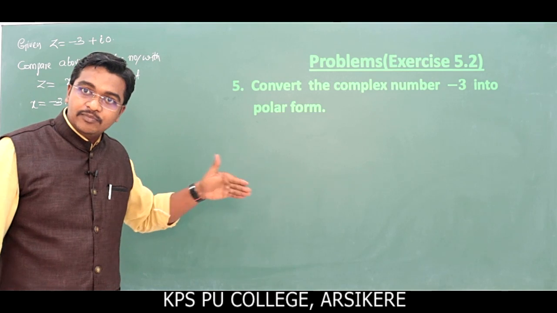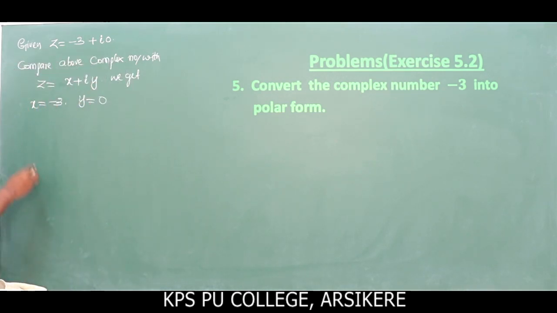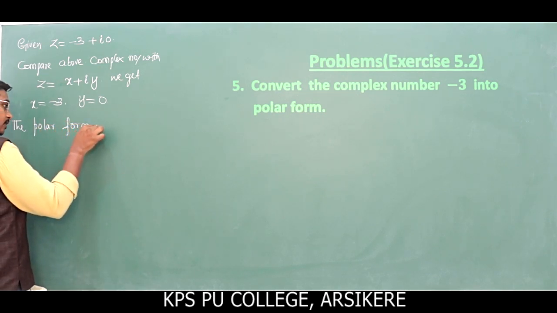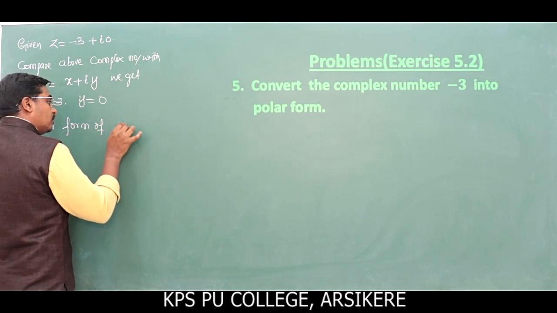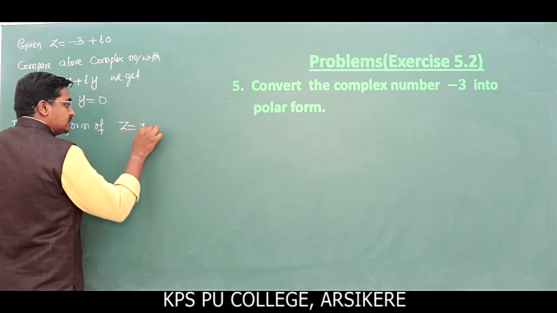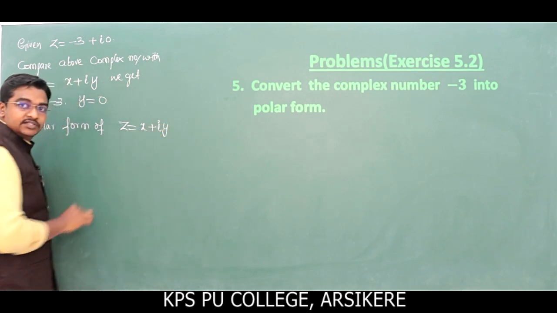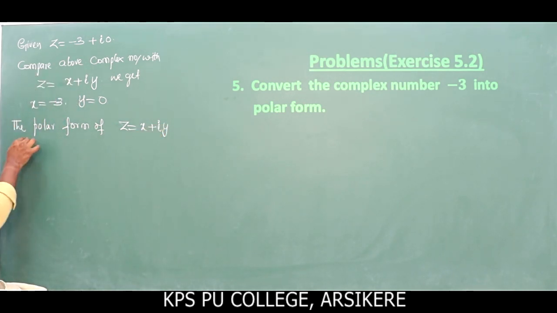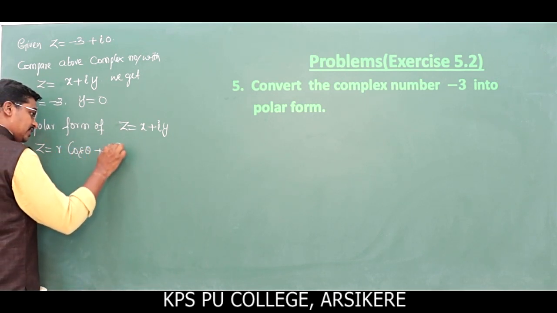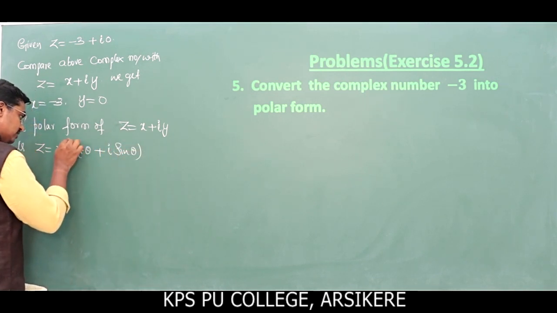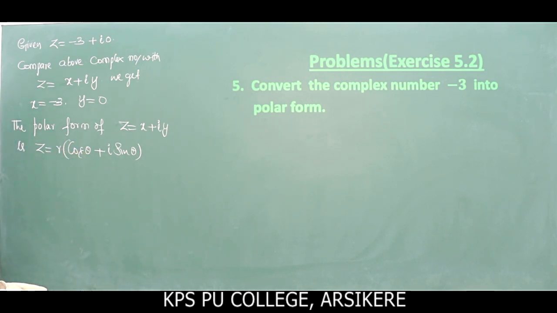Then the polar form of z is equal to x plus iy is z is equal to r times cos theta plus i sin theta, right?